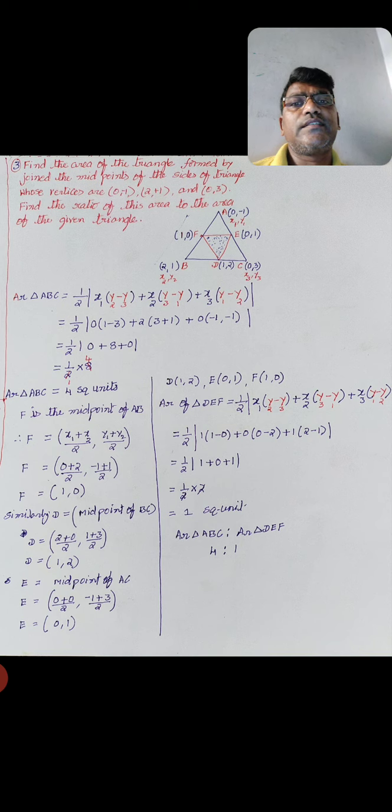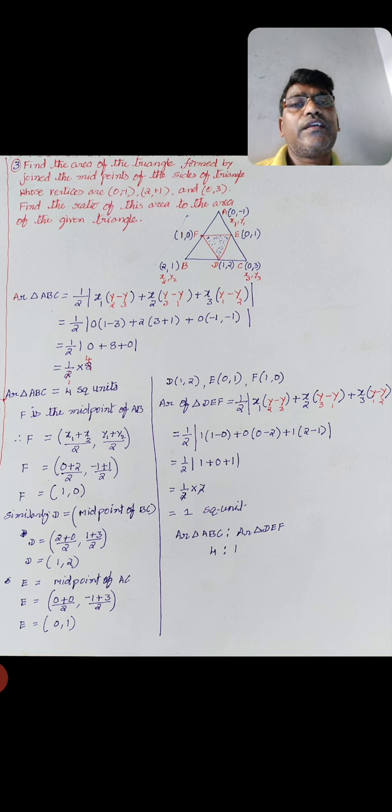After getting the vertices, we go back to the area formula for triangle DEF. Area of triangle DEF equals half into mod x1 of y2 minus y3 plus x2 of y3 minus y1 plus x3 of y1 minus y2. Substituting the midpoints D, E, F, you get half into 2, so the 2s cancel and you get 1 square unit.